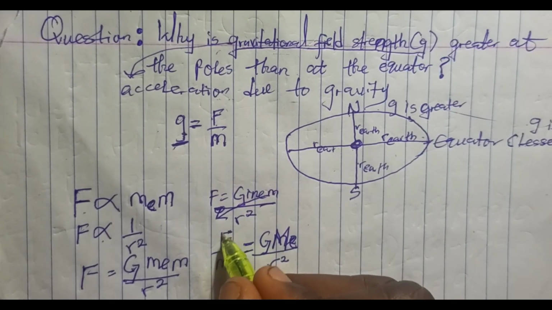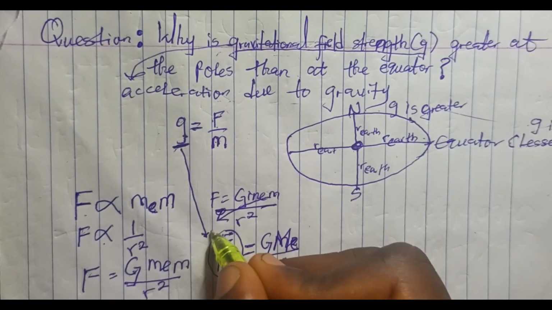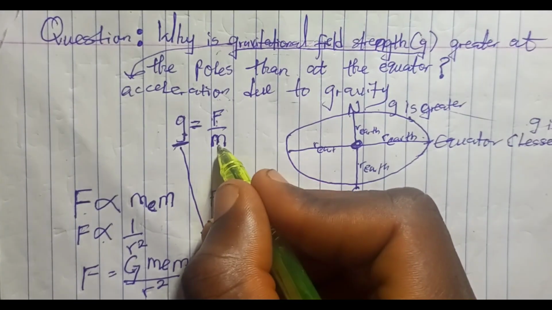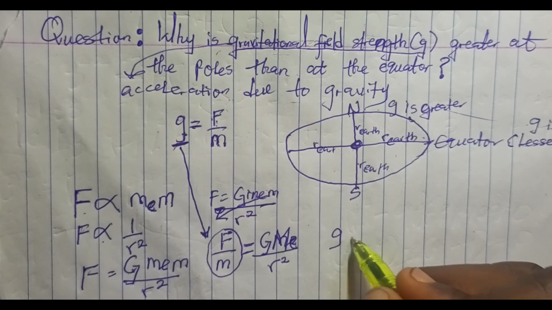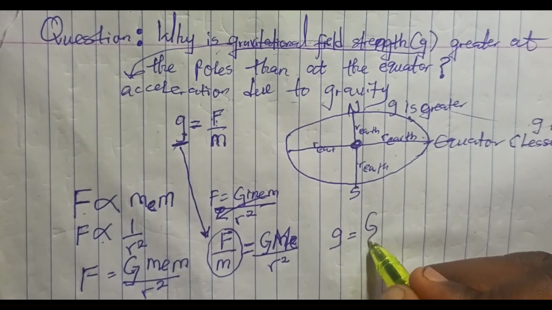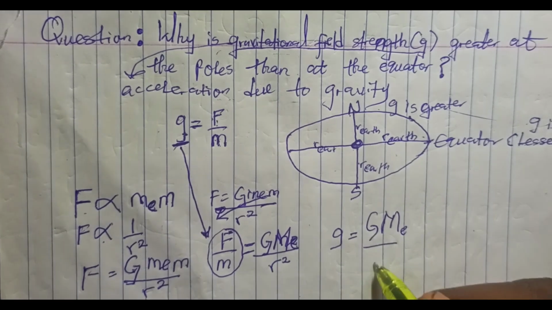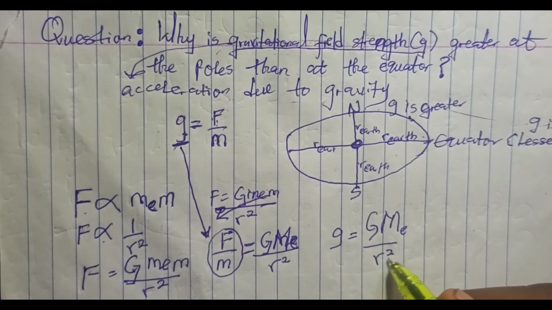So this F over M, the gravitational field intensity, which is gravitational field strength, equals force over mass. So small g equals the universal gravitational constant times the mass of the Earth, all over the square of the distance, which is the radius of the Earth.